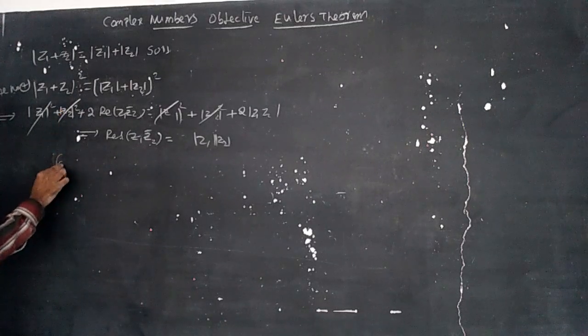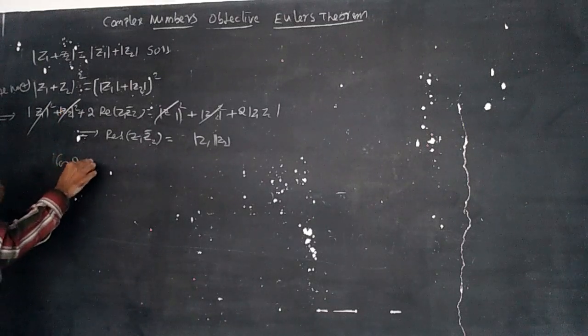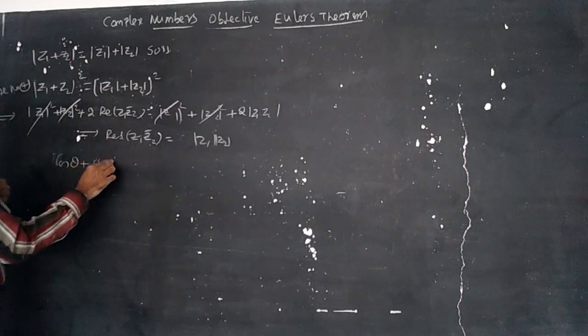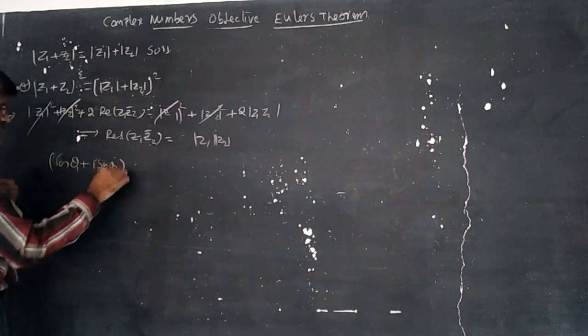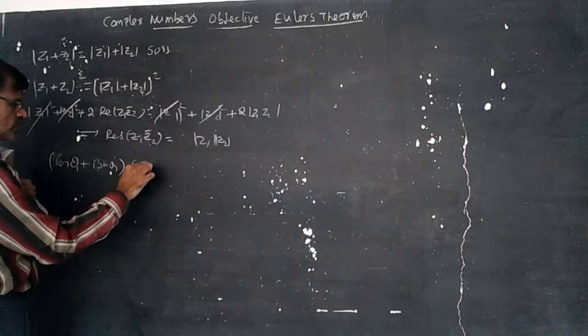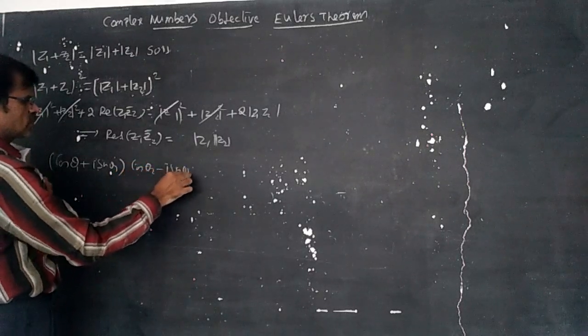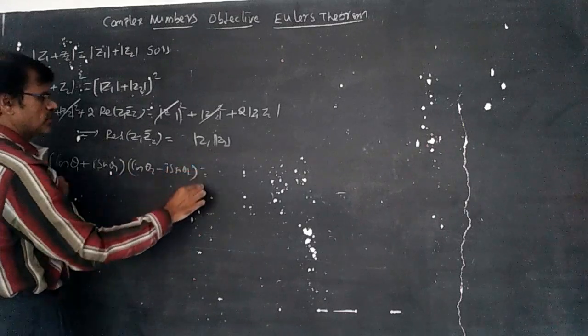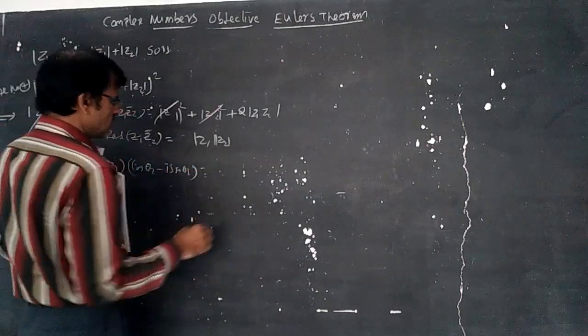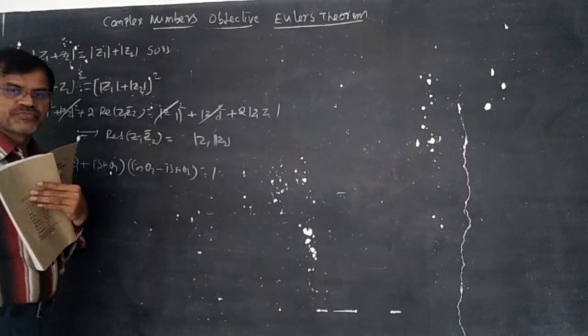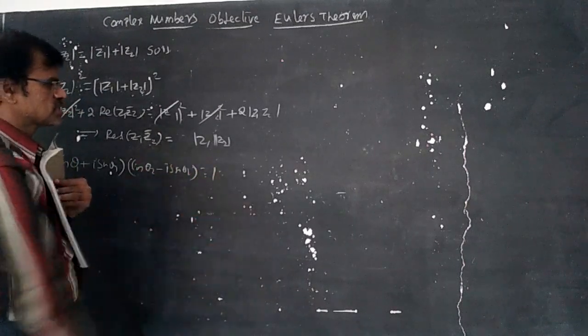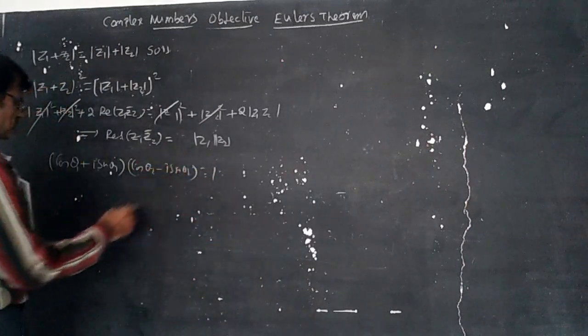Don't write R here, simply cos theta 1 plus i sin theta 1 into cos theta 2 minus i sin theta 2. Of course the modulus is 1, cos square theta 1 plus sin square theta 1 into cos square theta 2 plus sin square theta 2.